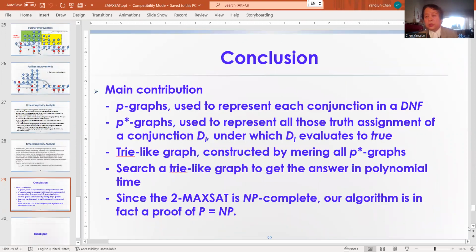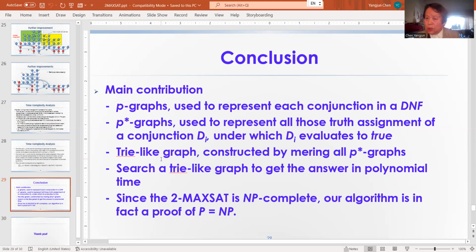In summary, in this talk, we have presented a very efficient algorithm to solve the two-mass-sort problem. For this, a lot of important and interesting concepts have been discussed in great detail. They are P-graphs, P-star graphs, and trie graphs. Then by searching a trie graph bottom up, we generate its layered representation.